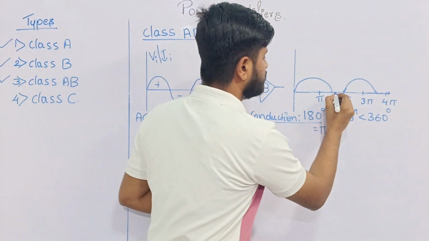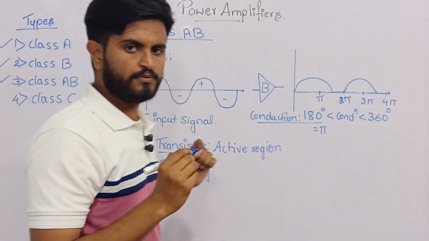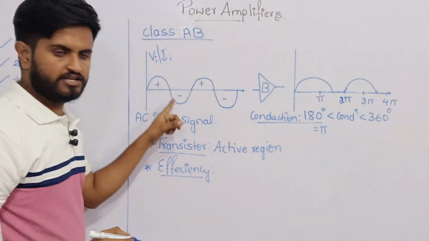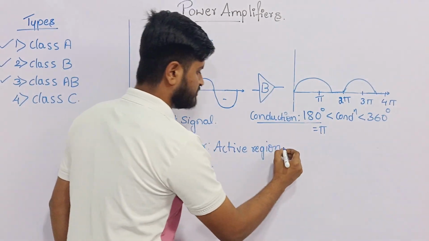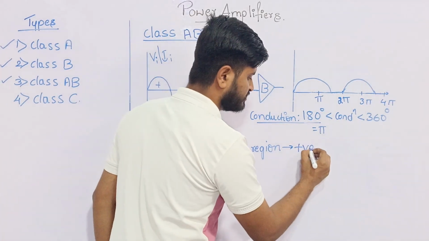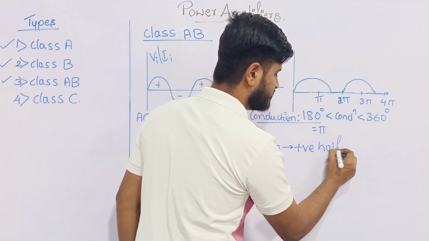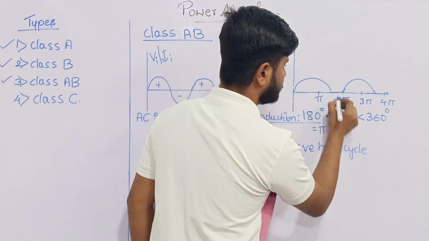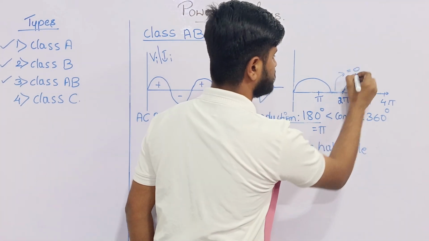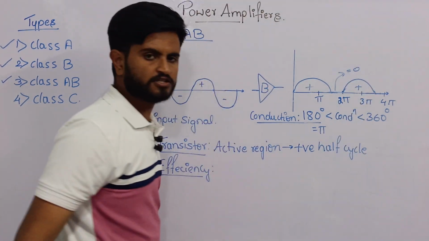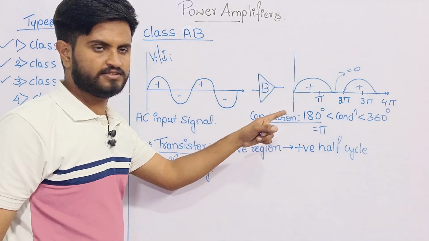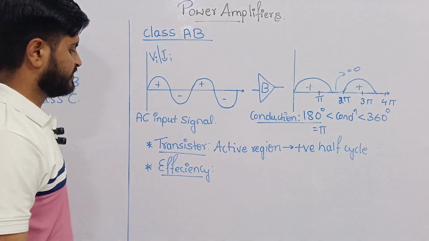And here also the negative half cycles will be muffled or equated to 0. So the transistor will be in the active region only for the positive half cycle here also. The negative half cycle's value will be equal to 0 and only the positive half cycles will be amplified in the class AB power amplifier also.